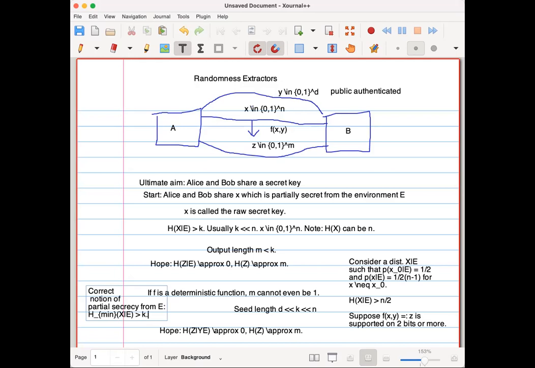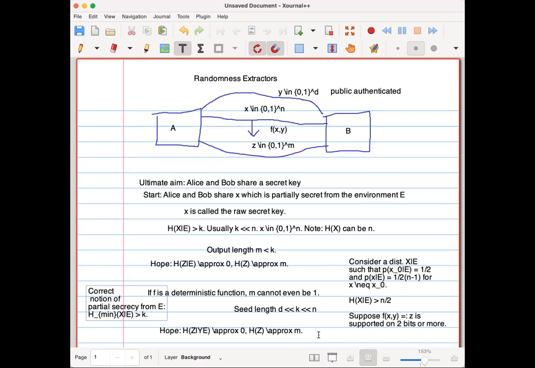To make more sense of the weaker thing, wait, one second. I'm a little confused now by Aditya's question. We would want that given Y, the conditional entropy would be large, as in there's a lot of randomness left even after E and Y are made public.